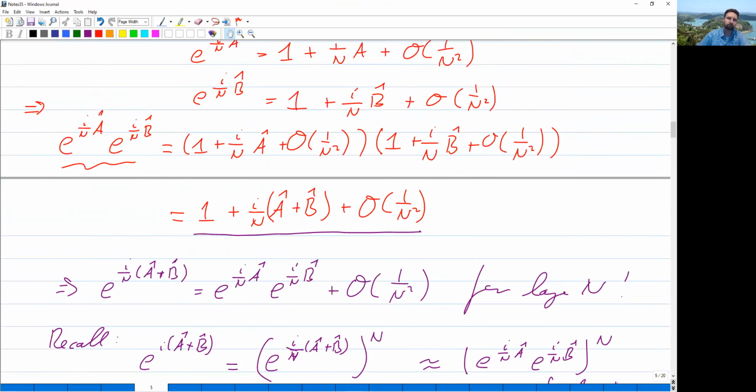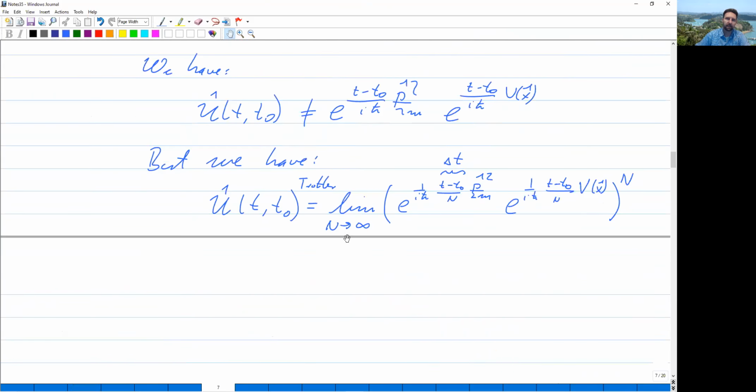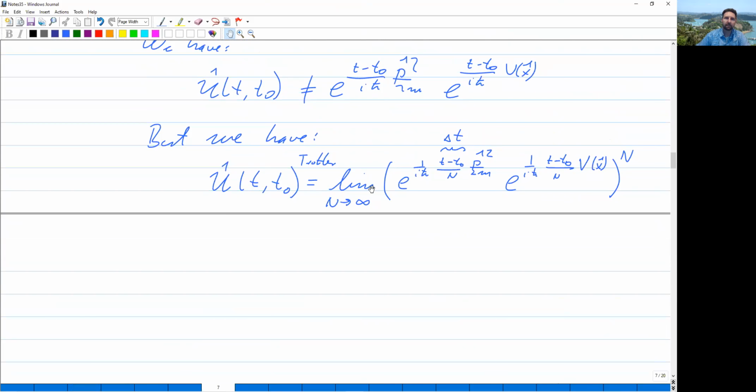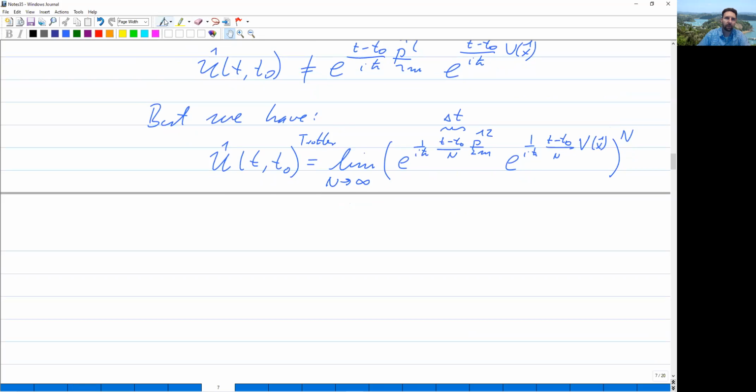So let's see. Here we are. Here's the time evolution operator, the full time evolution operator that we now write as an infinite or finite product of operators, but we let the number go to infinity eventually. So what do we have?